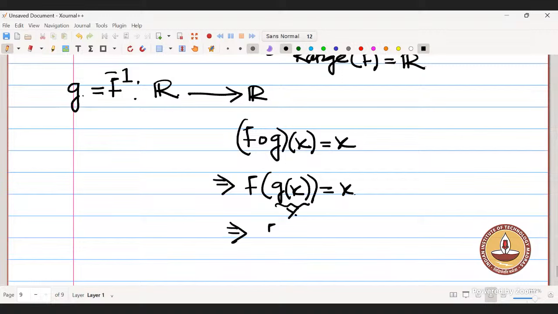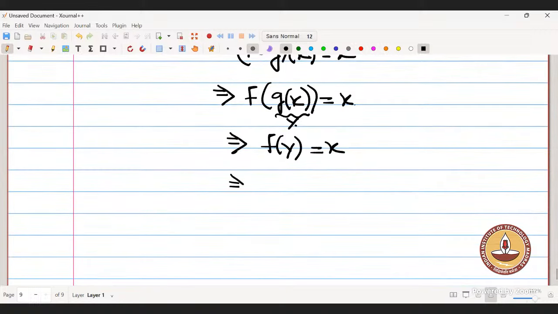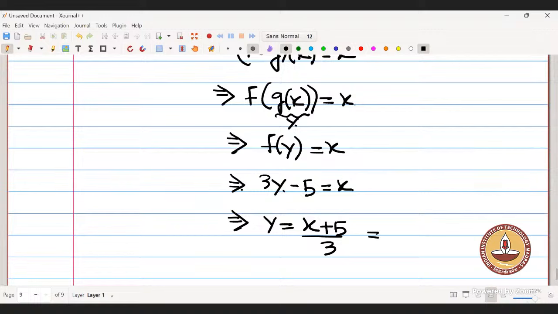So your F of y equals x. That means 3y minus 5 is equal to x, right? That means your y equals (x plus 5) by 3. So that means your g of x is equal to (x plus 5) by 3.